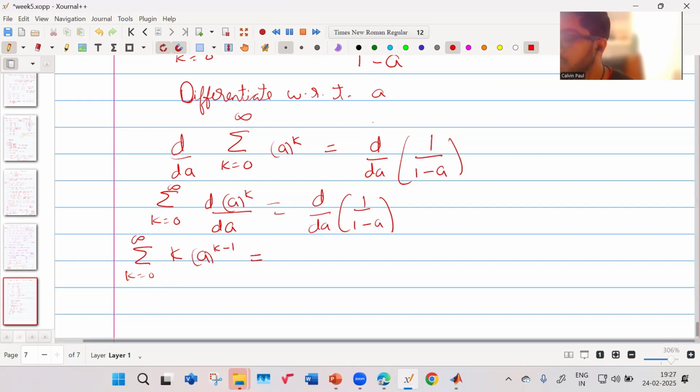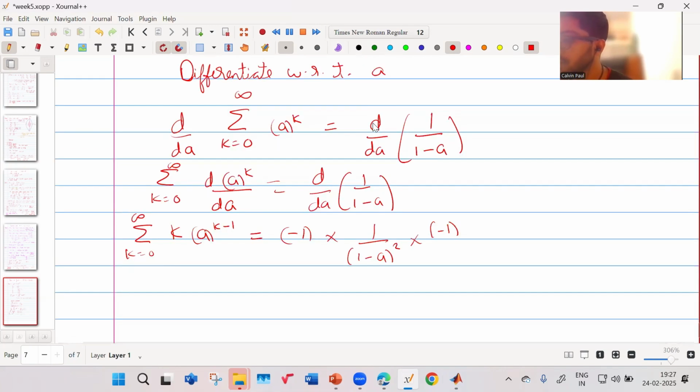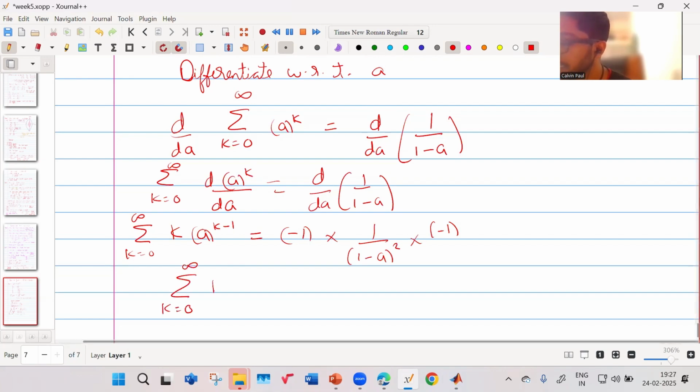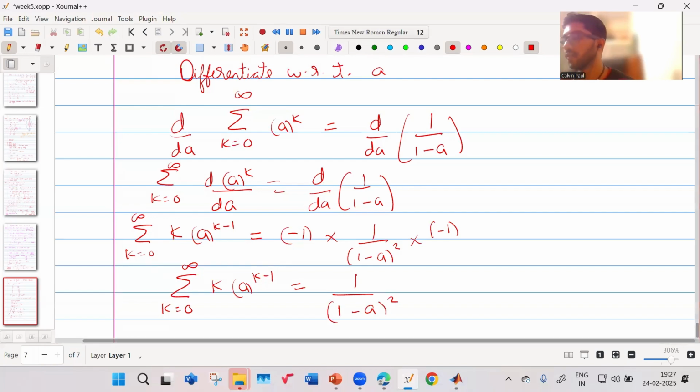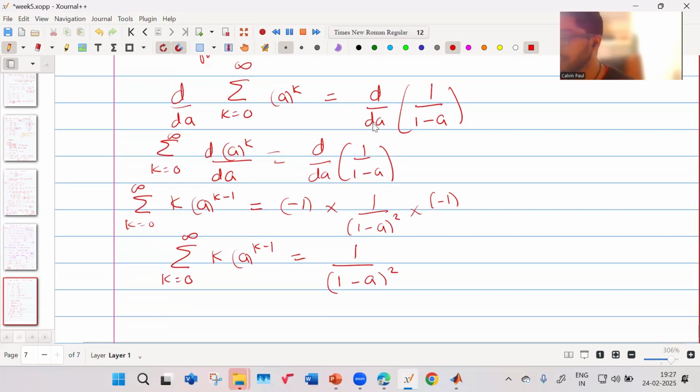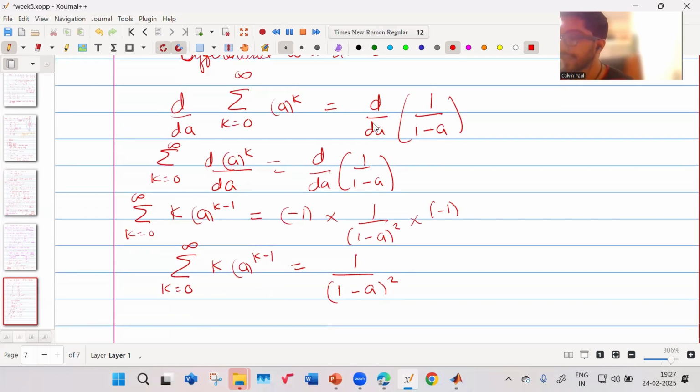The derivative of 1 upon 1 minus a is minus 1 into 1 upon 1 minus a square into minus 1. So the summation k equal to 0 to infinity of k into a raised to k minus 1 is equal to 1 upon 1 minus a square.